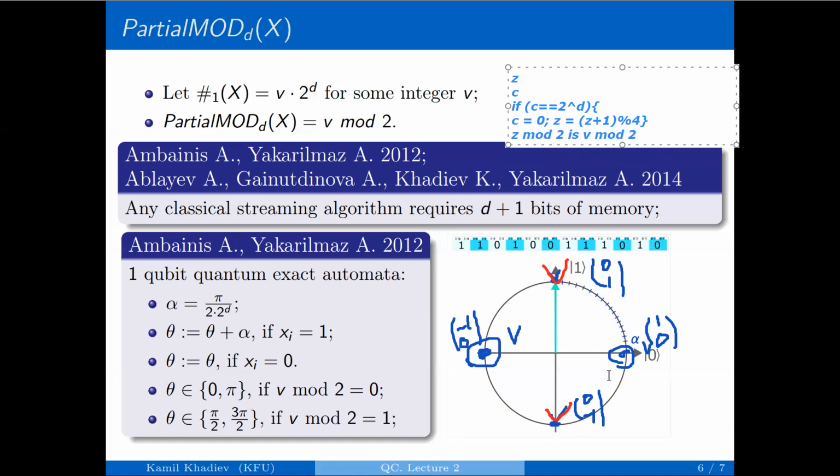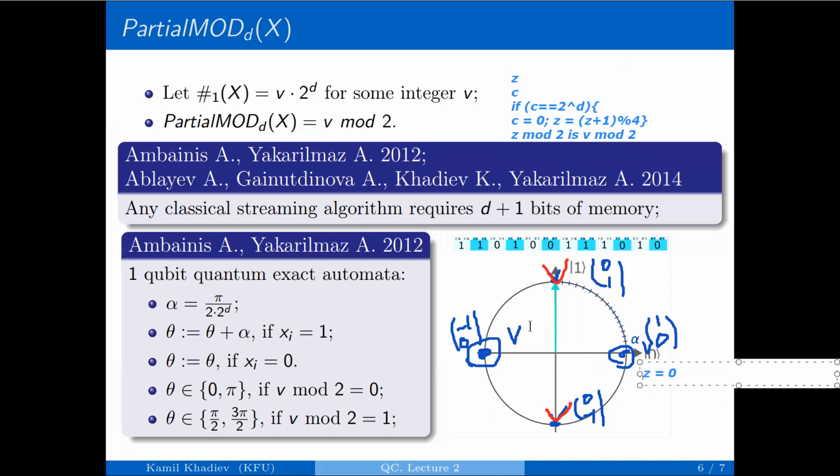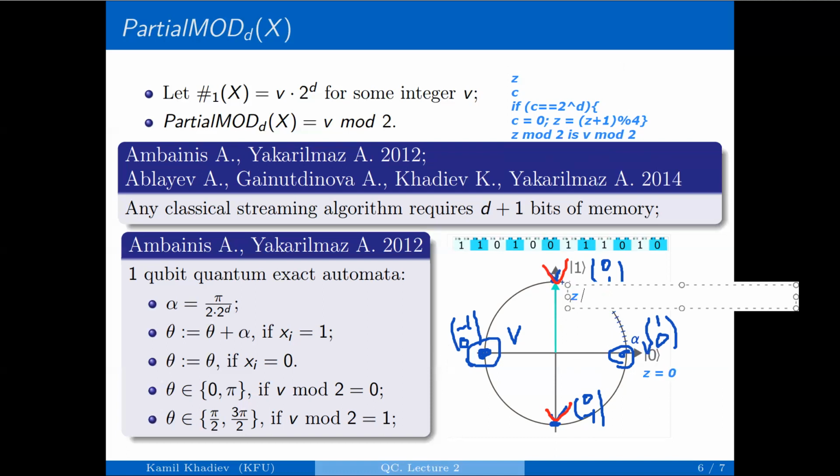Here z is 0, here z is 1, here z is 2, and here z is 3.